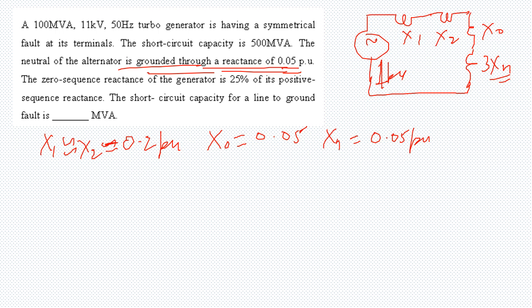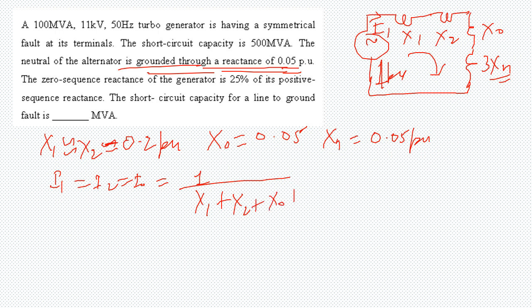Now you know that the positive sequence, negative sequence, and zero sequence currents will be equal, so I1 equals I2 equals I0. If we apply KVL here and solve this equation, we get 1 over whatever impedances are coming into this loop, so it is x1 plus x2 plus x0 plus 3xn. If you calculate this, it comes out to be 5 by 3.